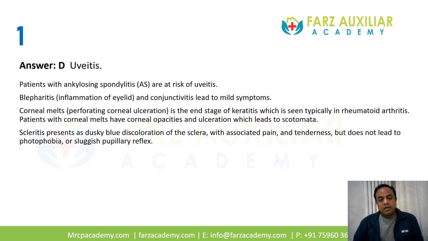Patients with corneal melts will have typical findings of opacities and ulcerations. Scleritis presents as a blue discoloration. It could well be redness of the sclera with associated pain and tenderness. Usually it does not cause photophobia, and the reflexes are usually normal.